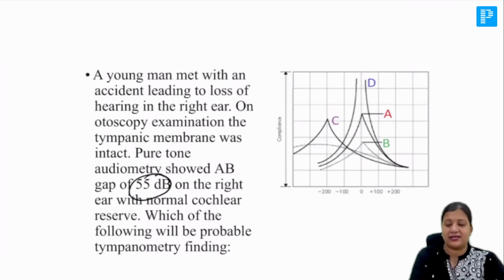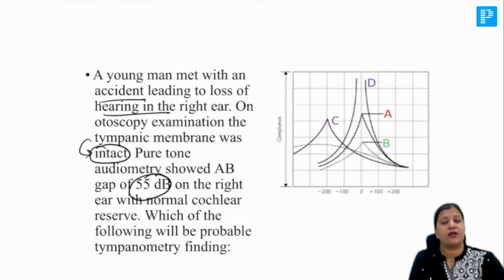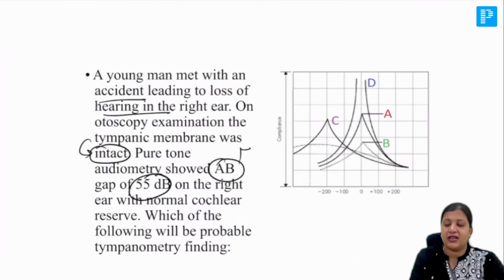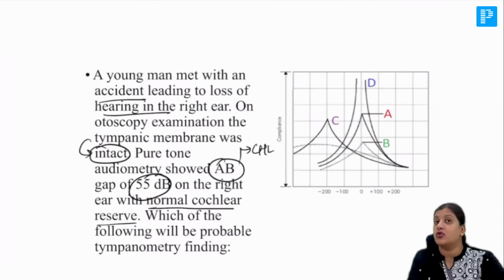So there is an accident, hearing loss, and the tympanic membrane is intact, meaning there is no perforation. There is an air-bone gap. Whenever there is an air-bone gap, we think of conductive hearing loss. Normal cochlear reserve means there is no sensorineural hearing loss. So after an accident, if there is conductive hearing loss and the tympanic membrane is intact, what could have been the cause?